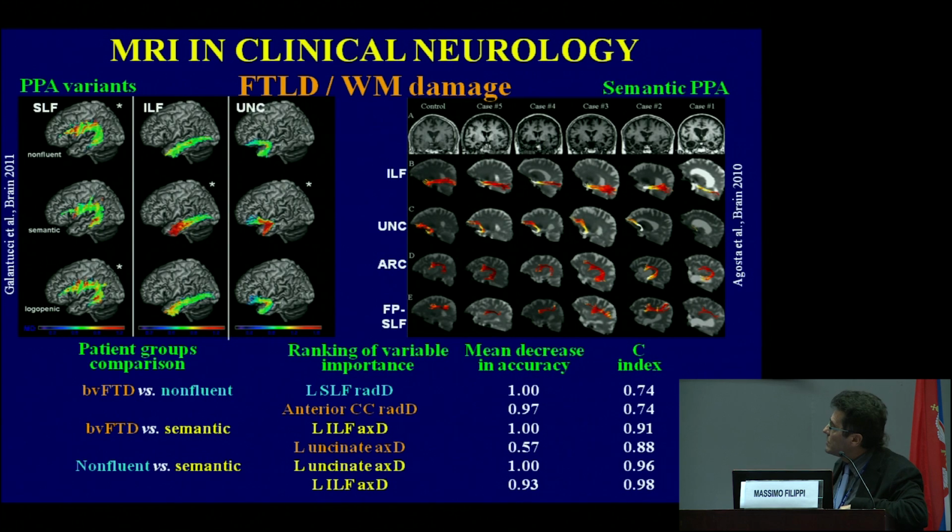And this is also true for other tracts and other variants of this dementia. And I want to reiterate that this is not group analysis, but individual patient analysis. So this might be very helpful in clinical practice to contribute to the diagnosis.